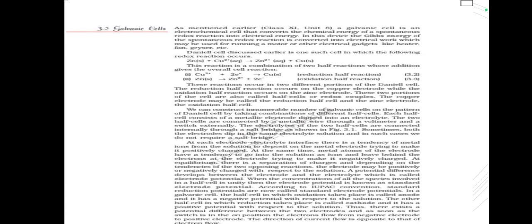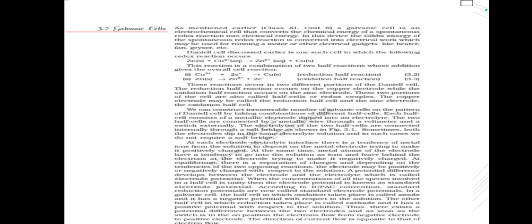At equilibrium, there is a separation of charges, and depending on the tendencies of the two opposing reactions, the electrode may be positively or negatively charged with respect to the solution. The potential difference that develops between the electrode and the electrolyte is called electrode potential.